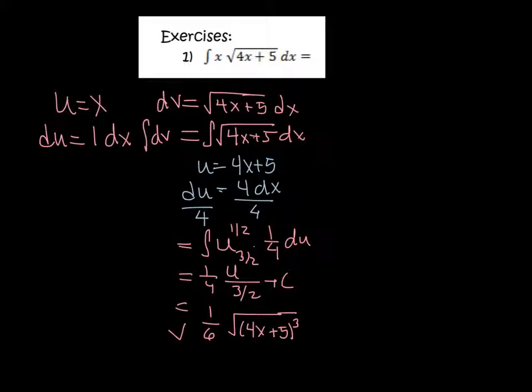We're going to get rid of the constant because at the end we're going to add the real constant. So the function v equals 1/6 times the square root of 4x plus 5 cubed. Now, we have to do the substitution, but I'm going to need some more room for this integral, so I'm going to stop here and I'm going to rewrite in the next slide.